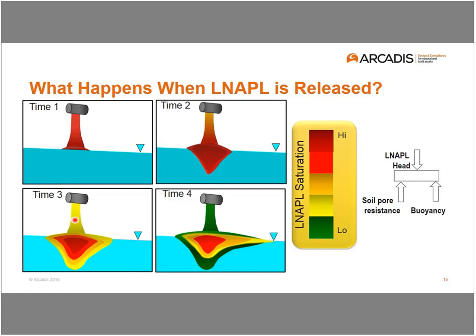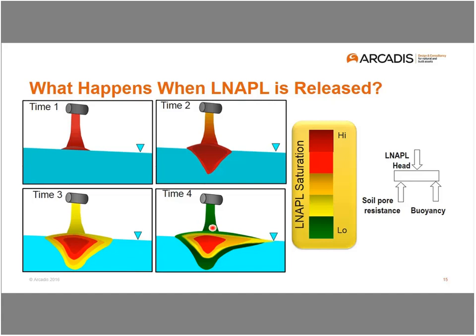So first you have drainage of the LNAPL that was in the vadose zone, so that saturation reduces. And then as you get to the edges of the LNAPL body, that saturation is smaller also. And finally, on time 4, you reach some stable configuration of the LNAPL body. You get down to what's called residual saturation.